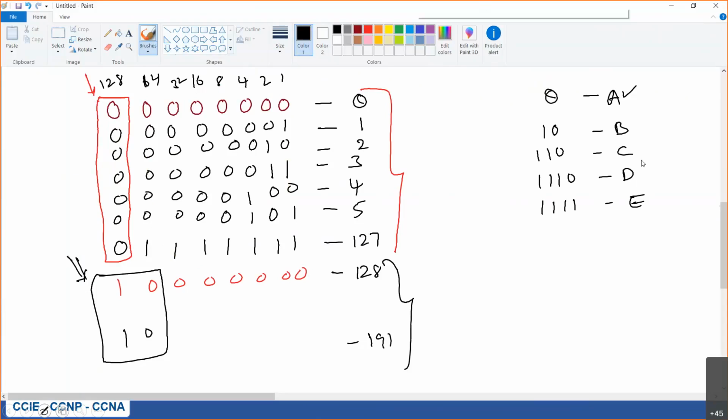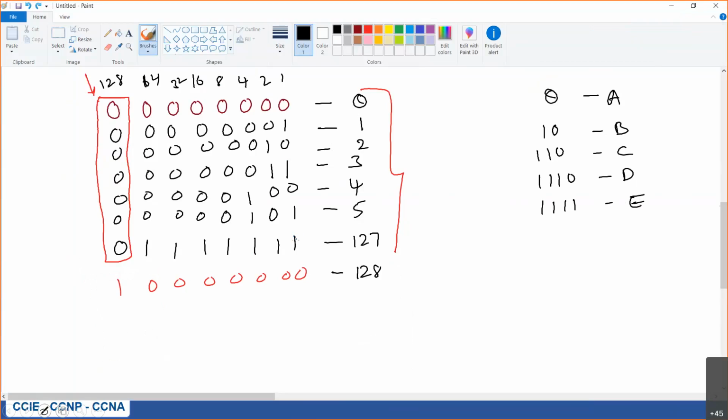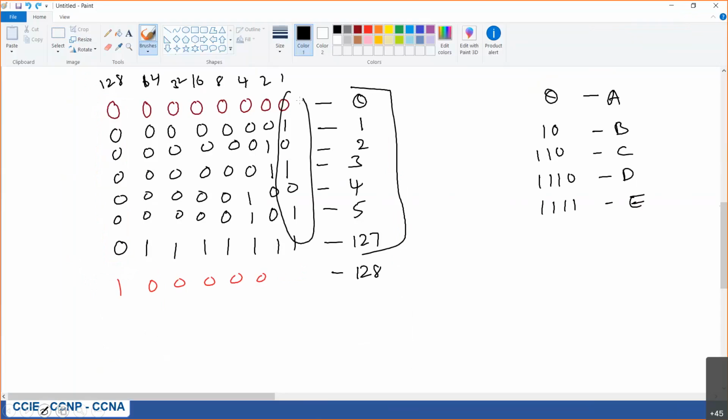Any doubts, Pavani? Let me know. It's a simple thing. It's 0 to 127. Here the numbers are being changed: first place, second place, third place, fourth, fifth, sixth, and seventh place are changed.